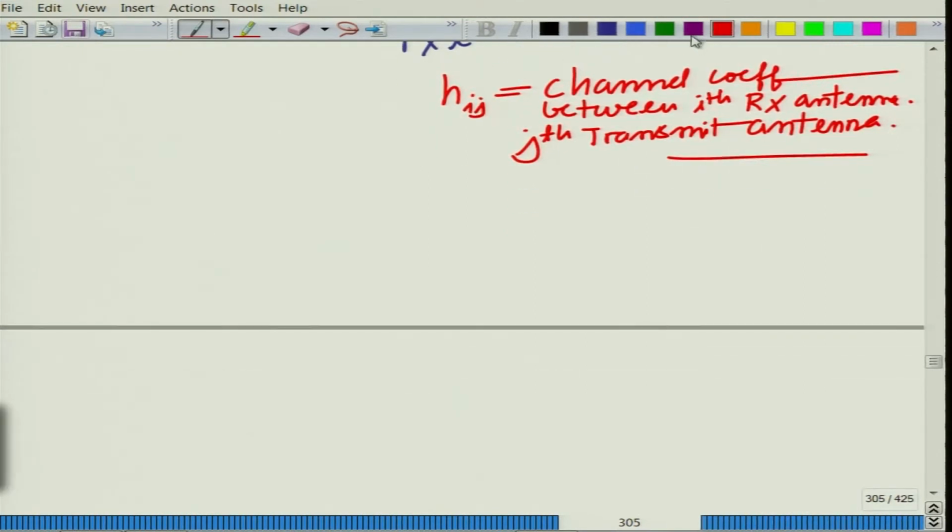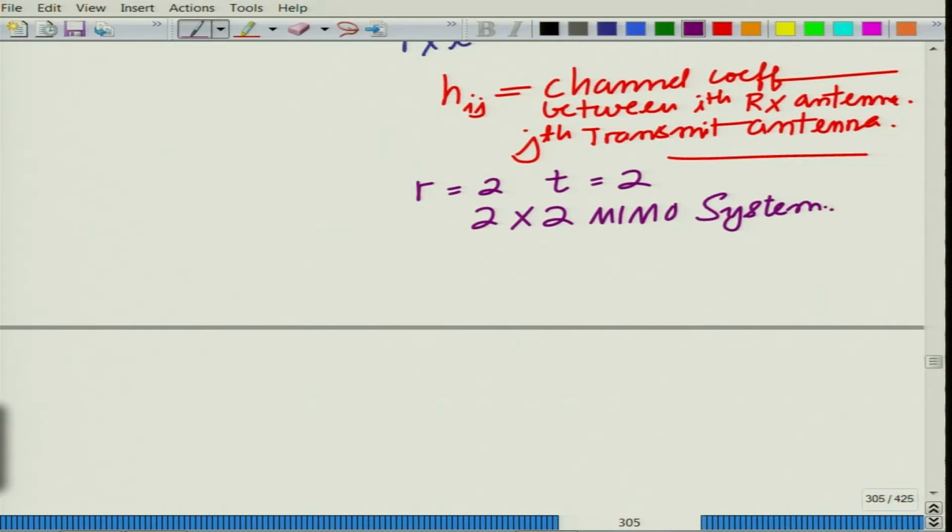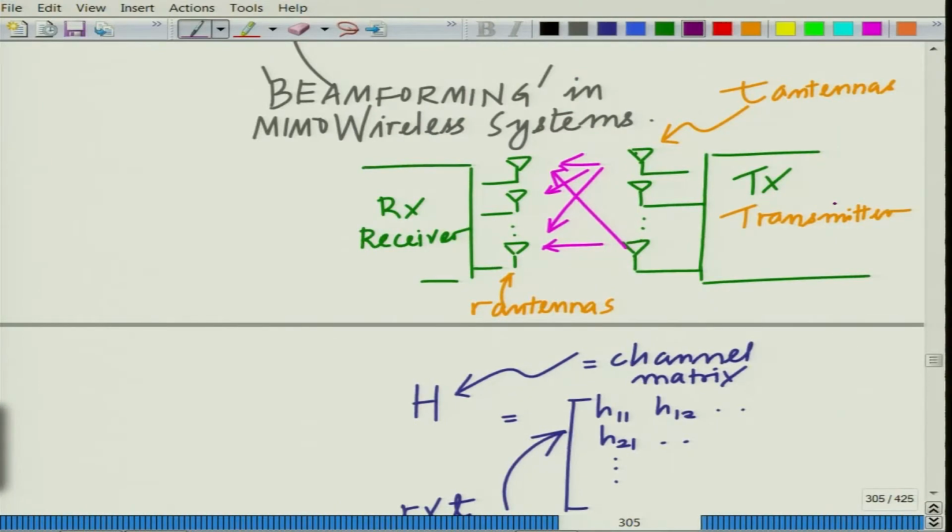Now, let us look at a typical MIMO system. For instance, let us consider R equal to 2, T equal to 2. This is termed as a 2 cross 2 MIMO system. Now, in this 2 cross 2 MIMO system, we have the outputs across the receive antennas. Let us call these Y1, Y2, YR, and we have the inputs, which are the transmit symbols X1, X2, XT.